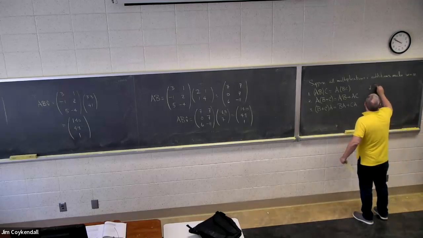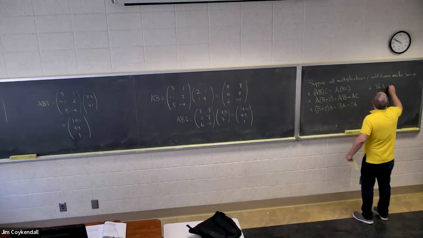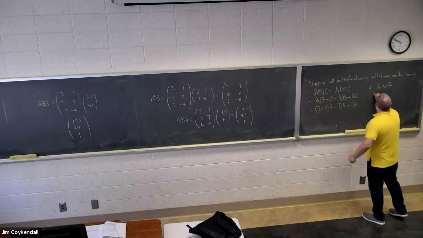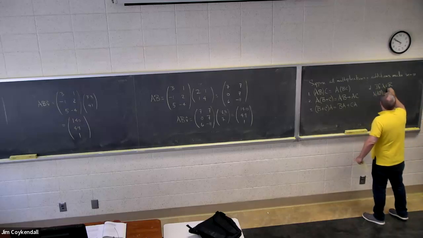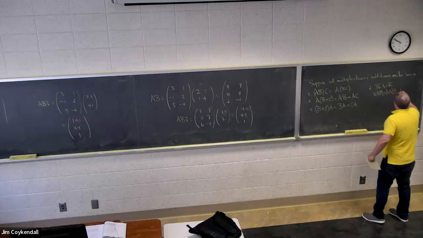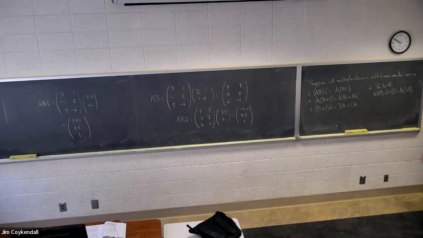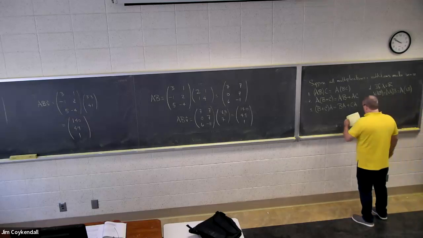D, if lambda is a real number, so it's just some number, then lambda AB is lambda times A times B, which is A times lambda B. So in other words, you can multiply lambda by the whole product matrix. You can multiply lambda by A and multiply by B, or multiply lambda by B first, whatever you like.